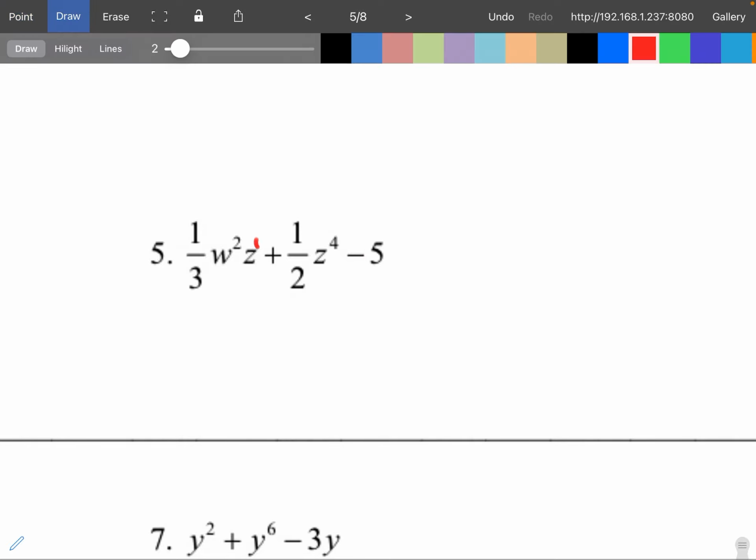So you could do, what's the degree of this first term? Remember, to find the degree of a monomial, you add the powers on the variables. That's 3, so that's degree 3, right? And then this term, again, you're going to add the powers on the variables. So what degree is that?